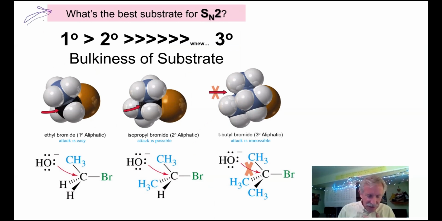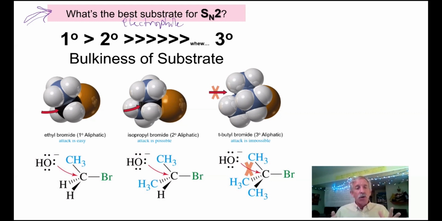Now that we know that terminology for the substrate, the electrophilic carbon, let's dive deep into what makes a good substrate, electrophile, for SN2, and only SN2. I want to be really clear, this entire conversation is all about that experiment number 2 reaction mechanism, SN2, with the British guy's voice.